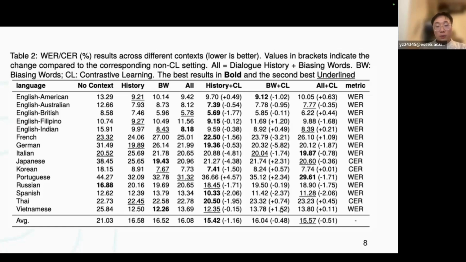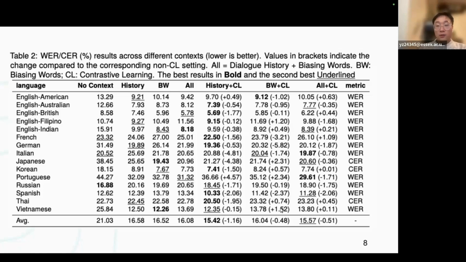And then when we apply contrastive learning for different types of context, we find interesting results. Our hypothesis was that since combining two types of context gives us the best performance among the three different types, when we apply all context to contrastive learning, it will also give us the optimal results.